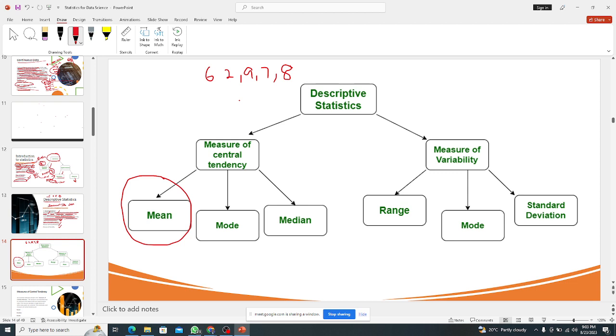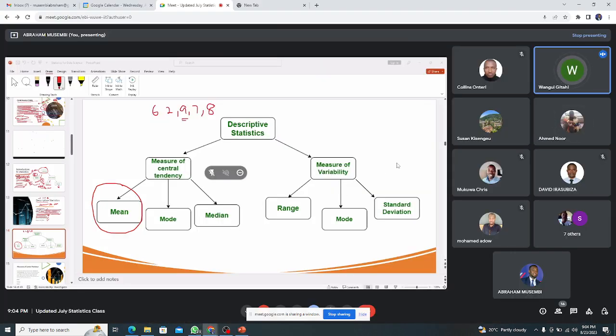Wangui? 9. No. 7. We have to arrange it in either ascending or descending order, and then we get the middle value from there. Correct, so that's what you were missing. So median is the middle value in an ordered set of data.